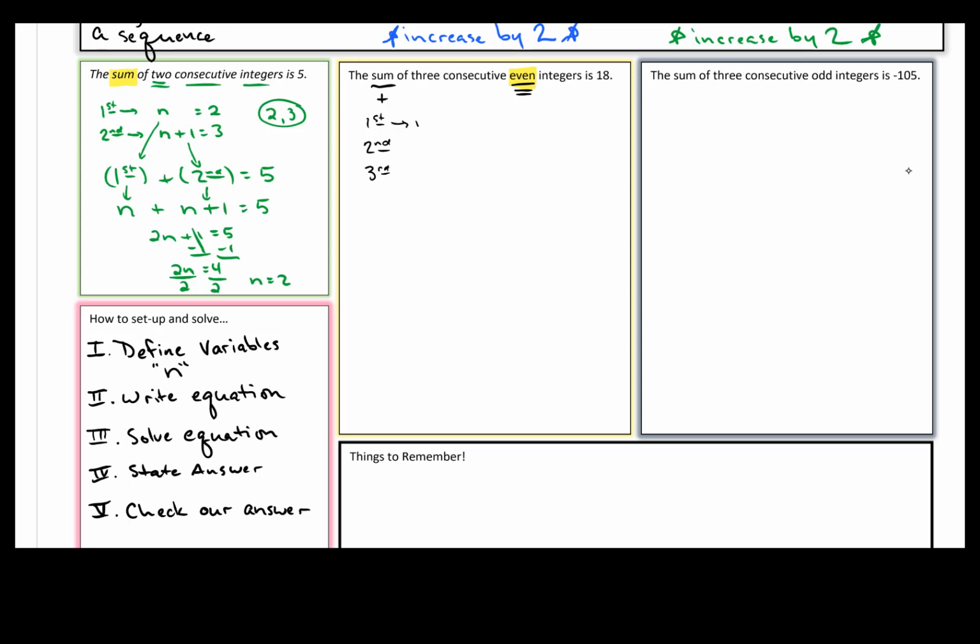I'm going to call the first one n. Remember, these increase by 2, so this is like saying n plus 2, and then n plus 4. So now when I add all these together, I'll have n plus n plus 2 plus n plus 4, and that equals 18.